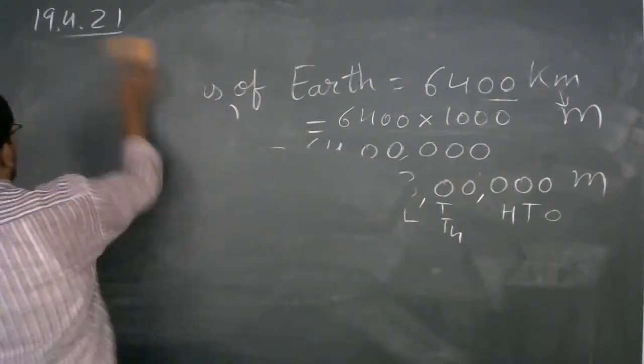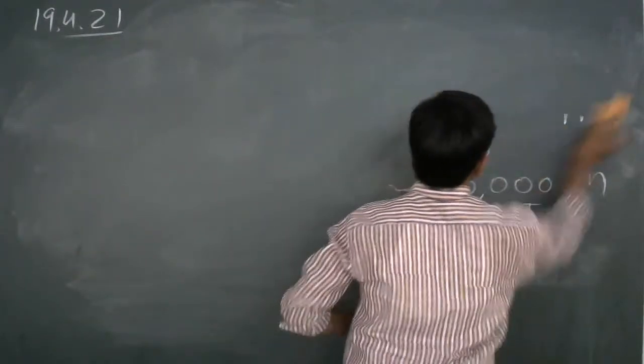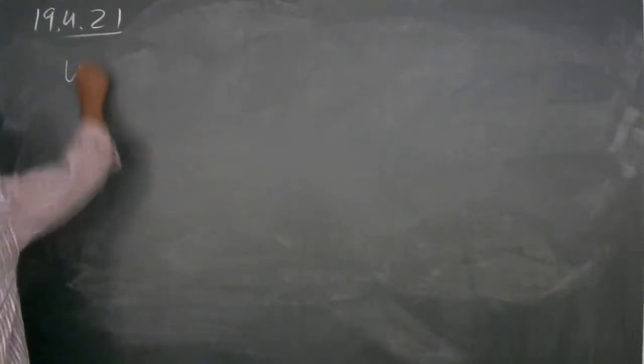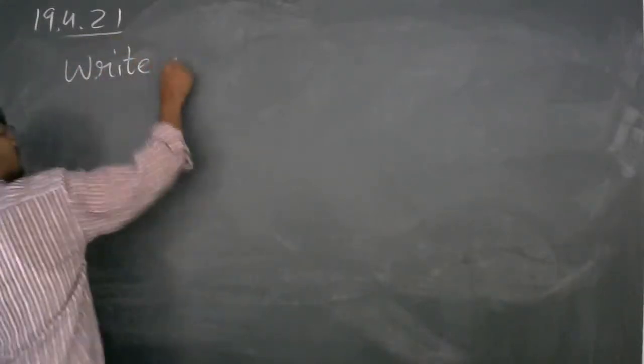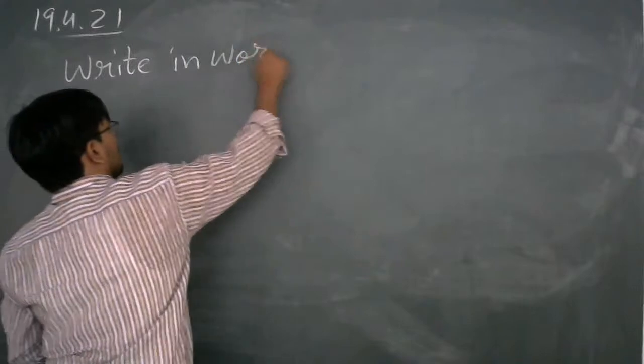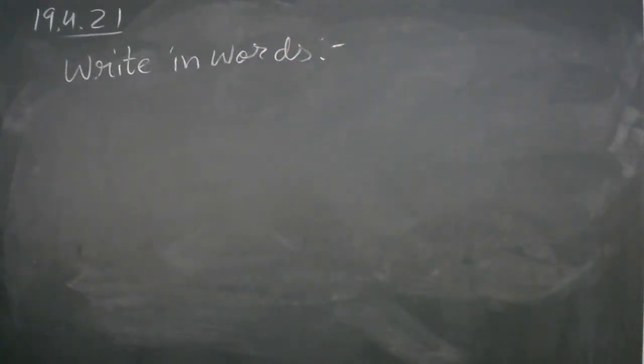So now let us take some of the numbers and we will try to write them in words. Like Akruti has given here, one data for us. The question is to write in words. And before writing, we will put in commas.